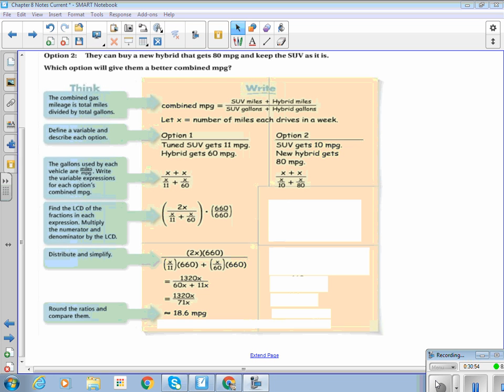So option 2: the SUV is still 10 miles per gallon. The hybrid is 80. What's the common denominator between 10 and 80? 10 is 2 times 5, and 80 is 8, which is 2 to the 3rd, times 10, so it's 2 to the 4th, times 5.